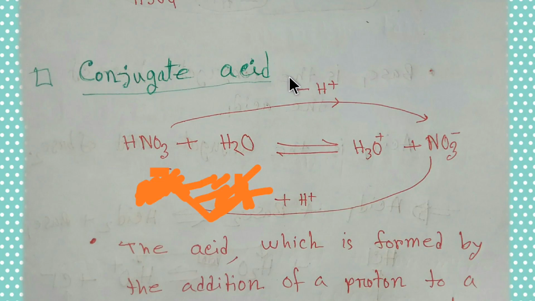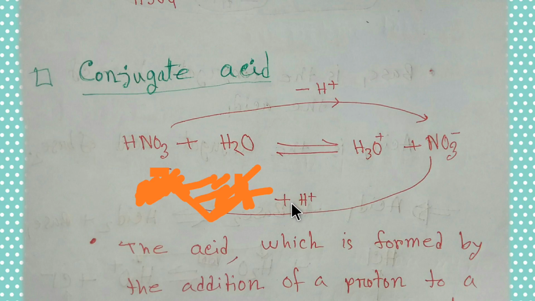Okay, conjugate acid. What is a conjugate acid? You know that in this reaction water is a base, right? Water is taking a proton and we are getting a hydronium ion. Here I have to draw this proton like this, and this nitric acid is releasing a proton here.